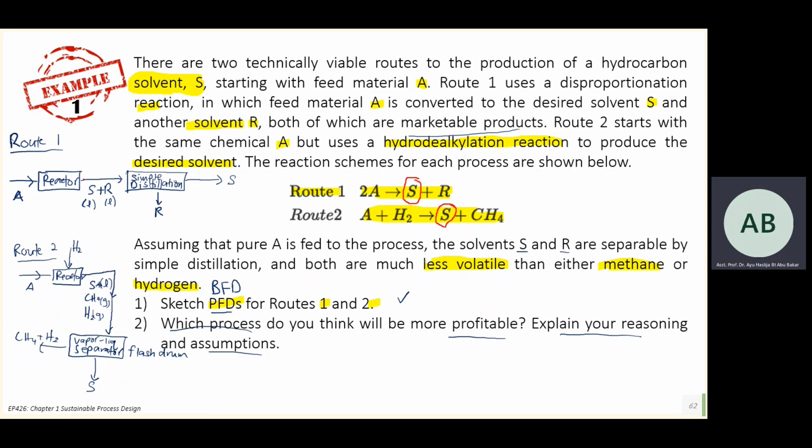And then another student said route 2, because it uses a vapor liquid separator, flash drum, perhaps lower cost compared to simple distillation, and can sell the byproduct as well. Okay, I will look at your justification. There is no one specific answer. It depends on your justification.